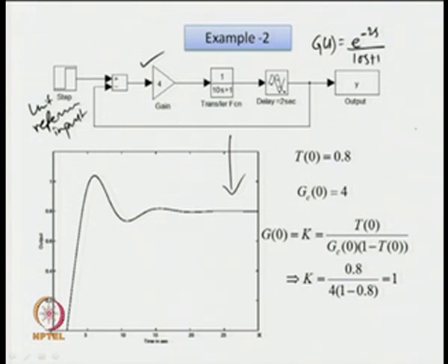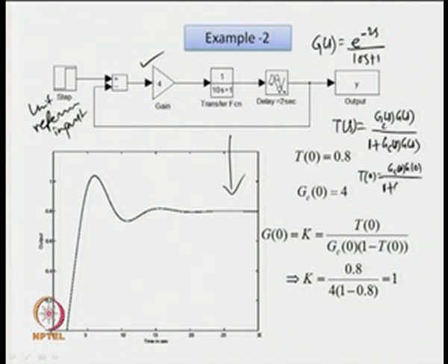Again, using the relationship that the closed loop transfer function T(s) is given as G_c(s)G(s) upon 1 plus G_c(s)G(s), when we take the limiting value, T(0) becomes G_c(0)G(0) upon 1 plus G_c(0)G(0).